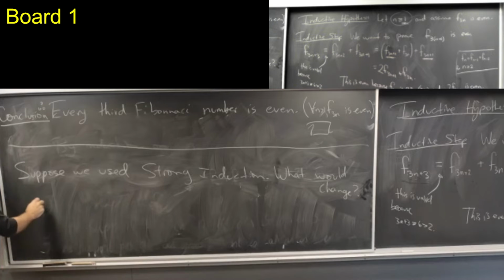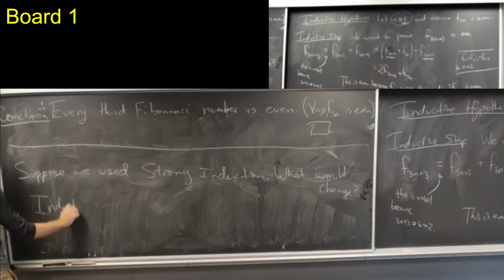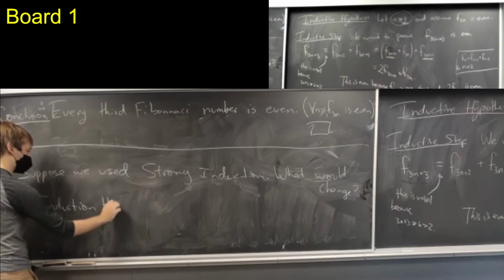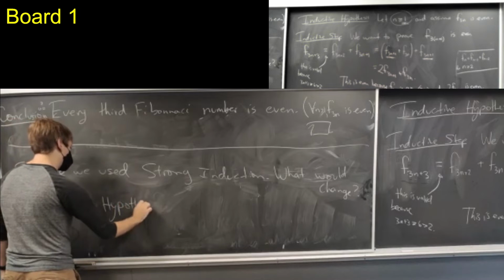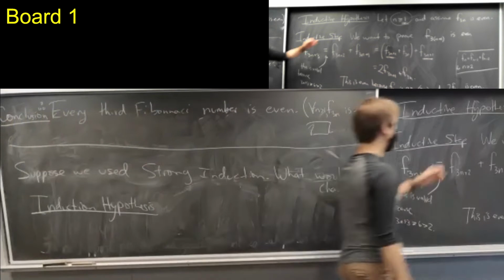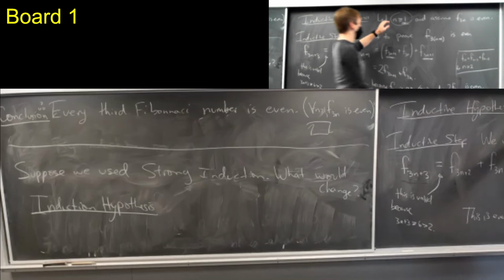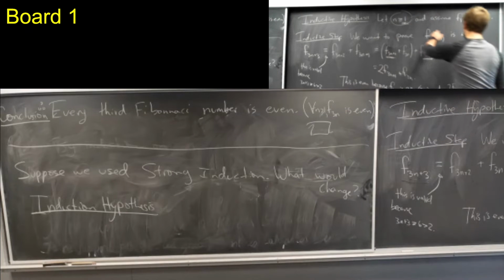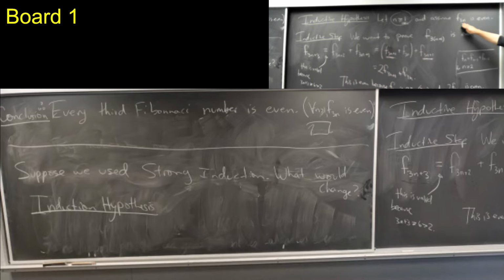In a strong induction proof, the induction hypothesis looks different. Here we said the induction hypothesis was: let n be at least 1, and we assume that this particular value is even. We make an assumption about one value.